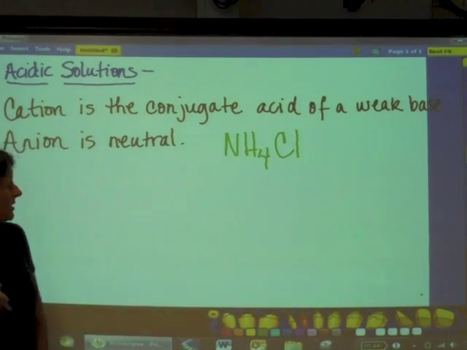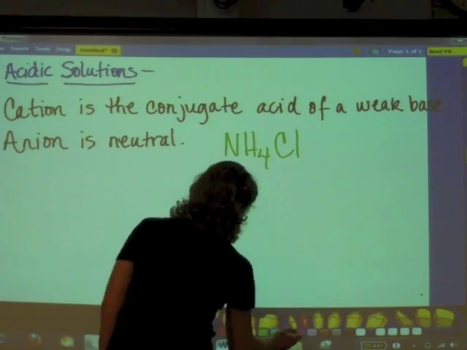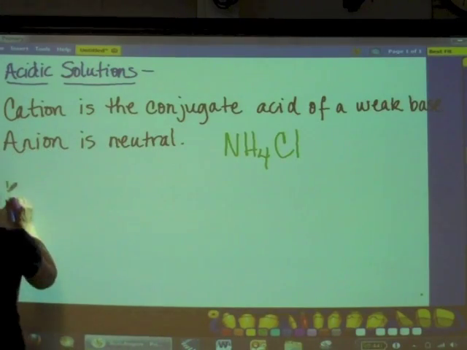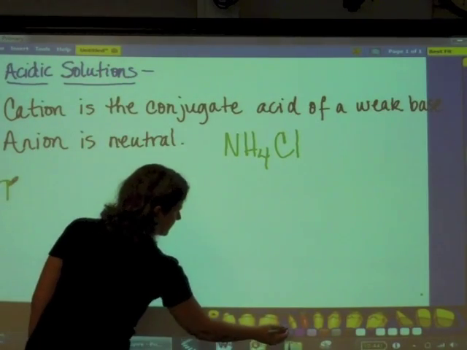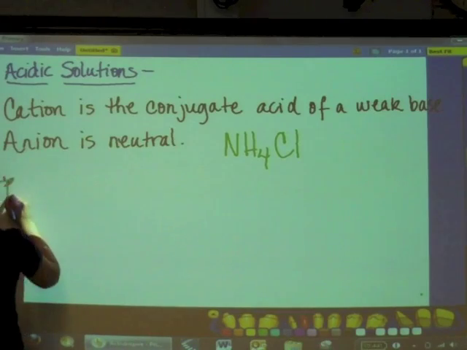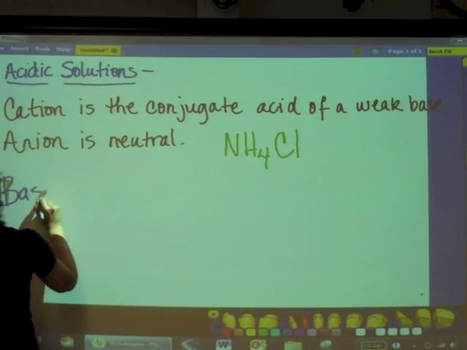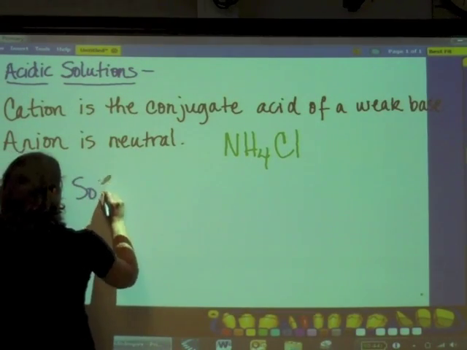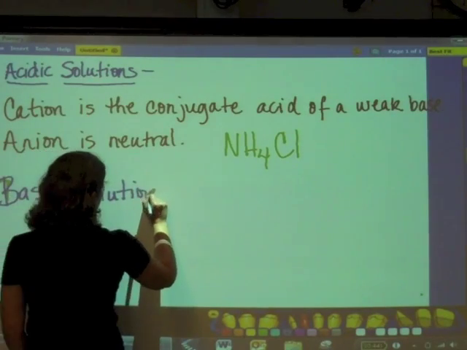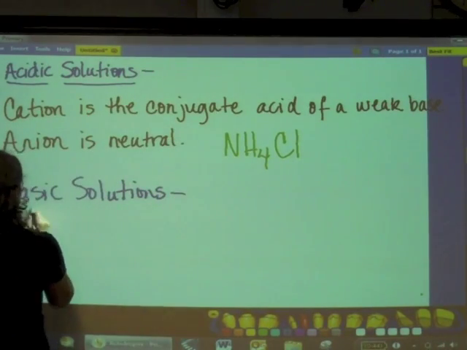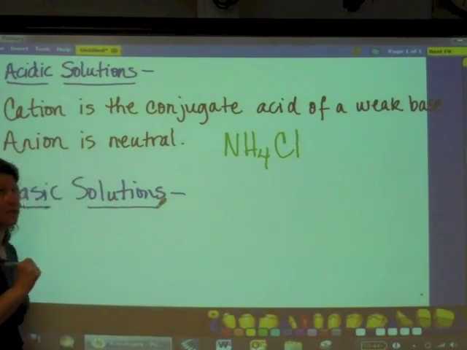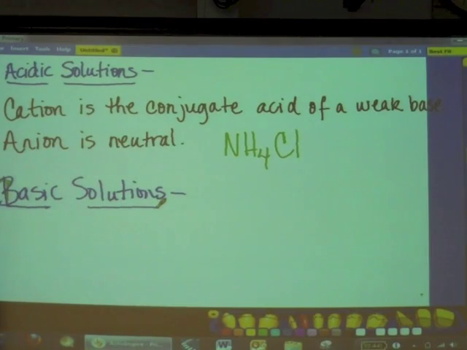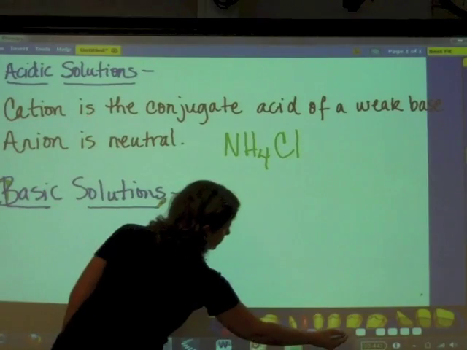Okay, what kind of salts give us a basic solution? Do you have to memorize these? Yes, you do. So the cation is neutral.